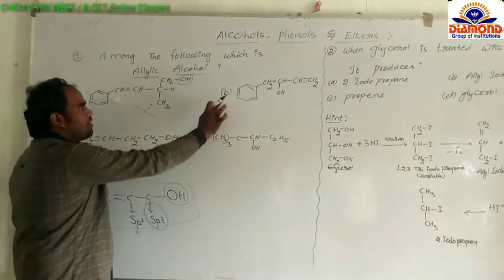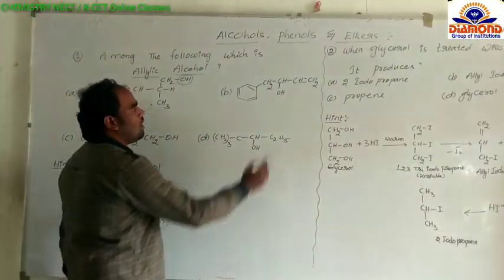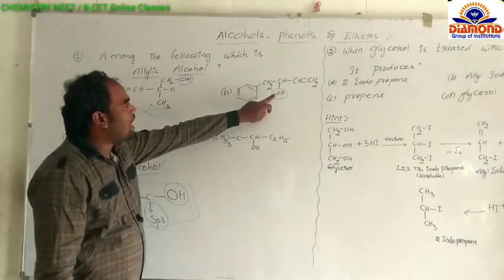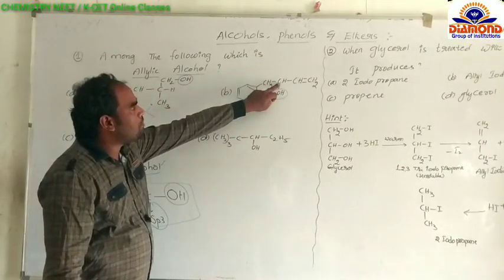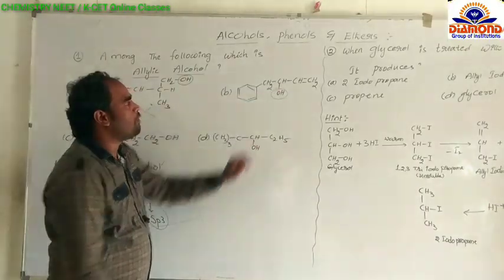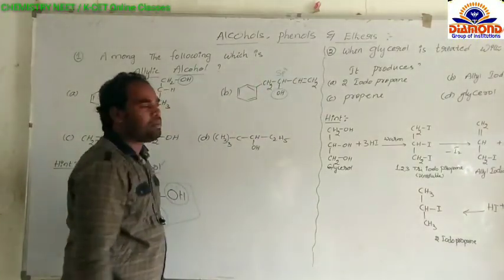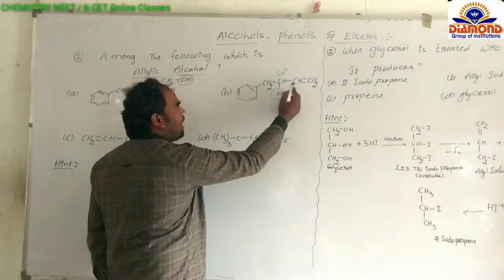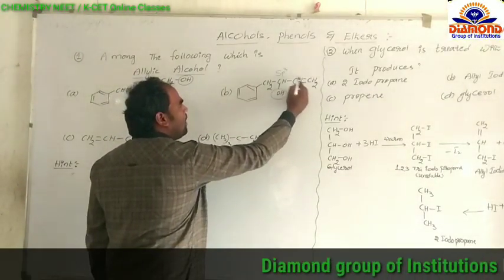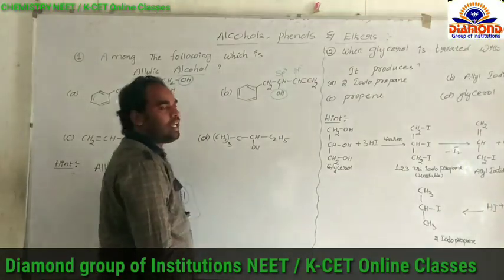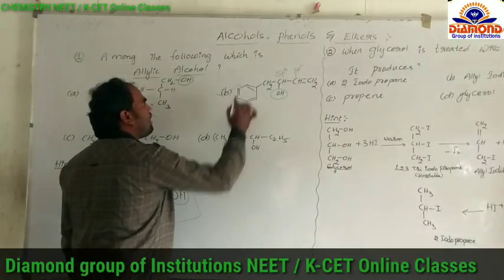Next, option B. Here the OH group is present, connected to a carbon with single bonds, therefore it is an sp3 carbon. Its neighbor carbon is a double bonded carbon, an sp2 carbon. So therefore it is an allylic alcohol.